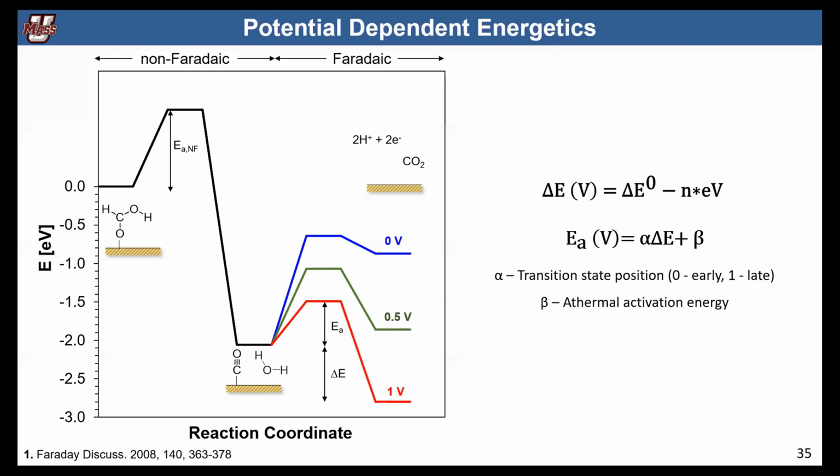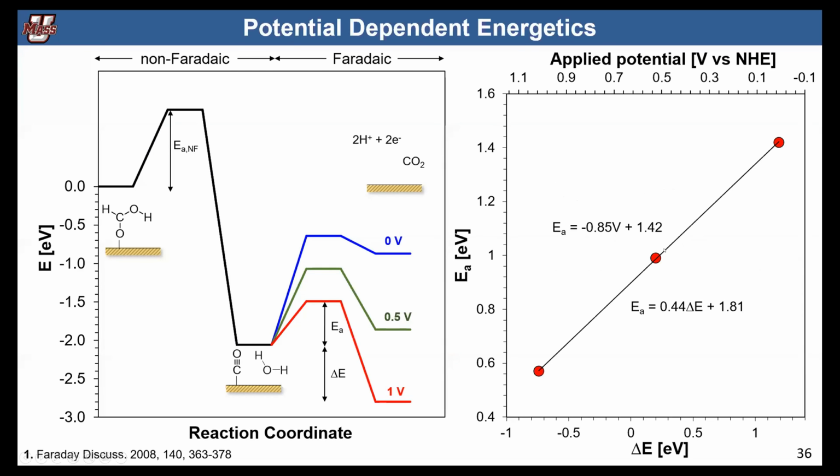And then we can relate the barriers to this change in delta E through a BEP type relation, where I have a linear slope of alpha that's in between 0 and 1, depending on my transition state position. And I have an intercept, which is my athermal activation energy. Essentially, what's my EA when my delta E is 0.